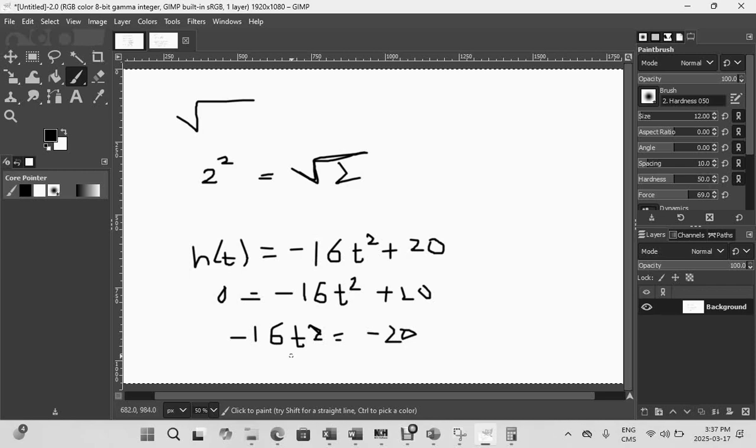Your t squared will be negative 20 over negative 16. The negative signs cancel, and you can reduce this fraction to 5 over 4.